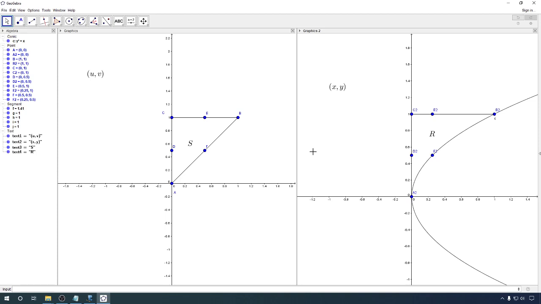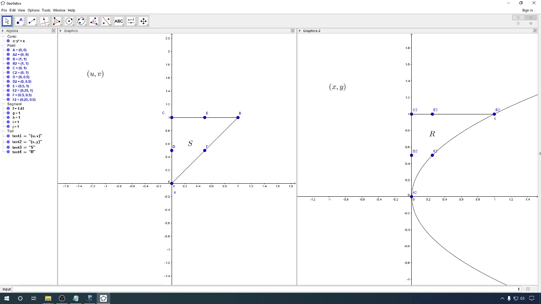Most of the time, we'll look at regions R that are really annoying to integrate over. This one wouldn't be too bad. I mean, this is actually both a type 1 and type 2, and so it wouldn't be too bad to just do the integral directly.